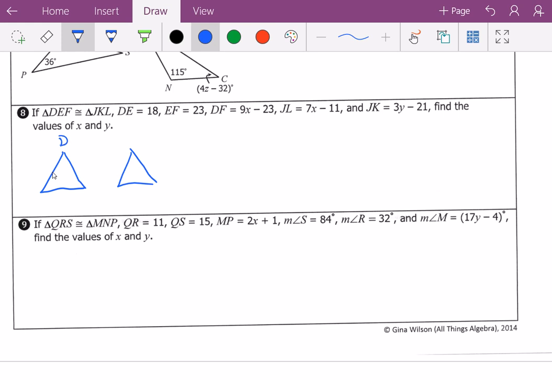So we got D, E, F, and then we have J, K, L. So it tells me DE is 18, EF is 23, DF is 9x minus 23, JL is 7x minus 11, and JK is 3y minus 21.